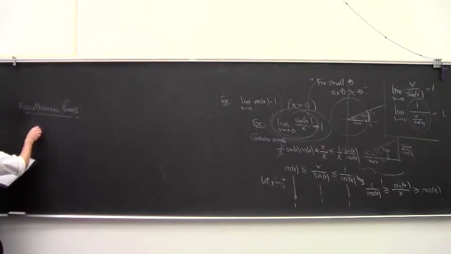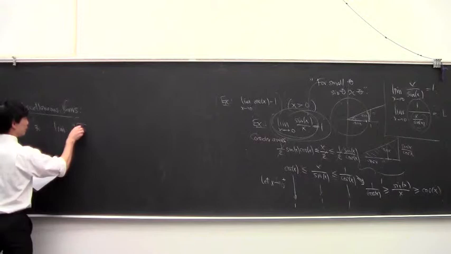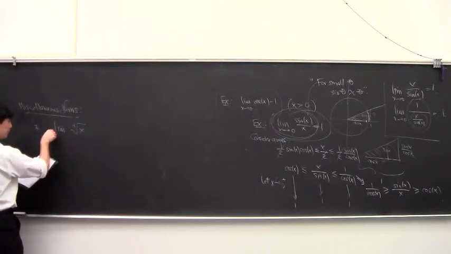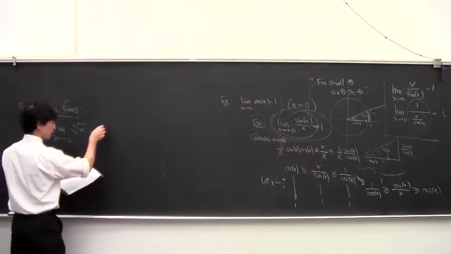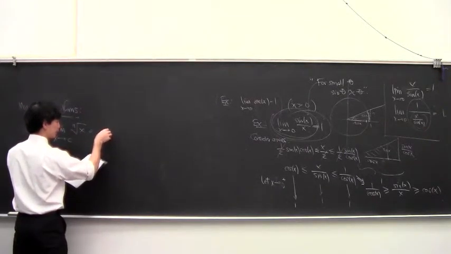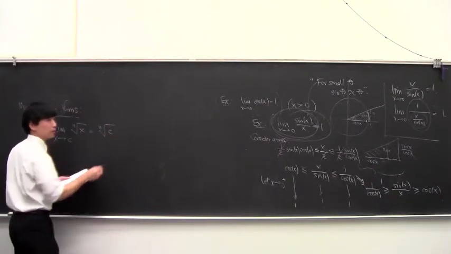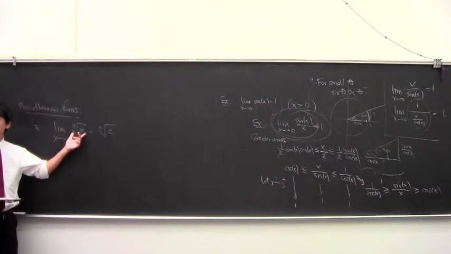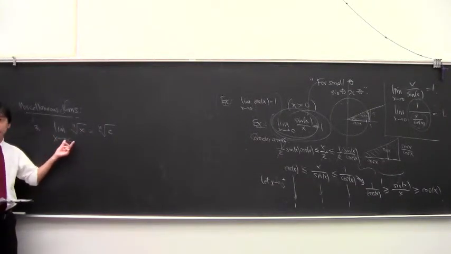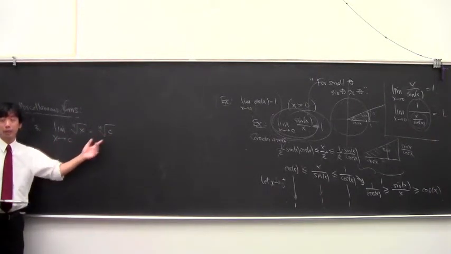One is that if you take the nth root of something as x approaches a value, then it's okay to just substitute in the point. Taking the limit of an nth root function as x approaches c is just going to be the nth root of c.